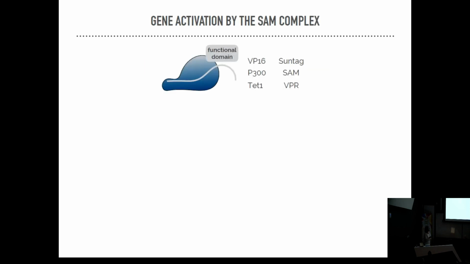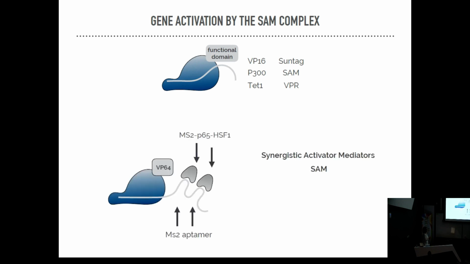Different functional domains have been used to activate the expression of a locus. These are some examples. People have been fusing those domains to Cas9, delivering them to the DNA and activating the expression of the gene. This one seems to be the most effective, which is based on synergistic activation. So you have your Cas9, VP64, which is a viral protein that activates transcription.